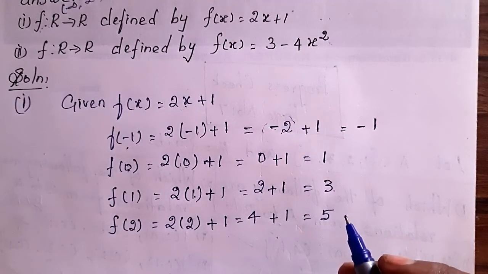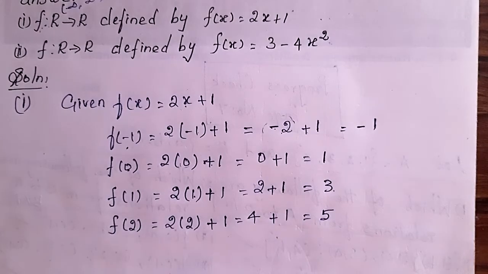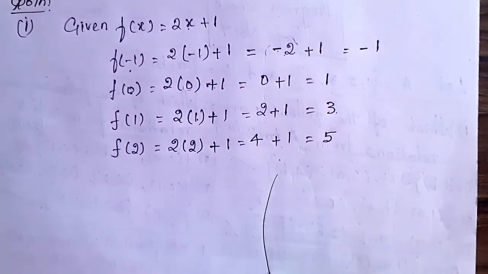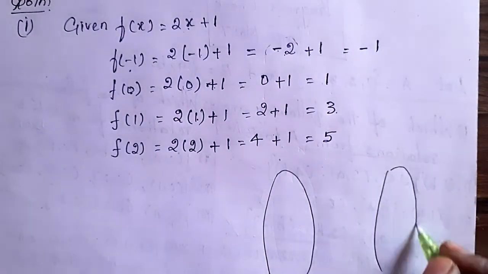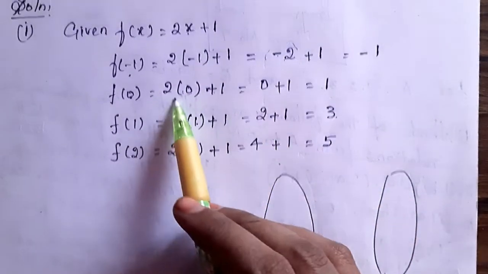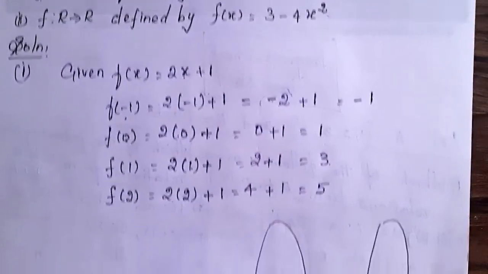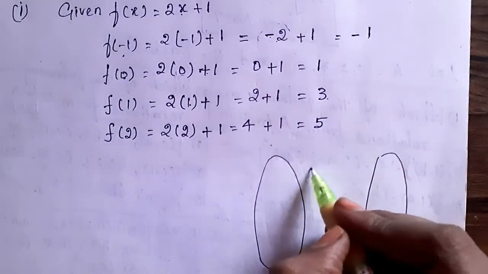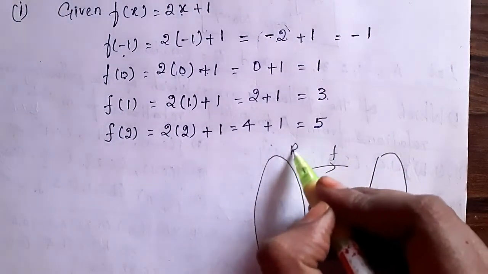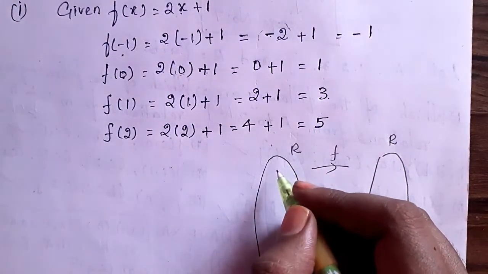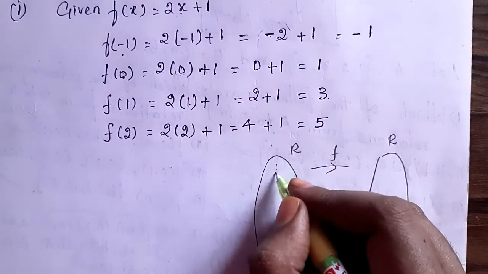Now we are going to plot this in an arrow diagram. So when you draw the arrow diagram, it is R to R. Our function is R to R, so definitely negative values will come.